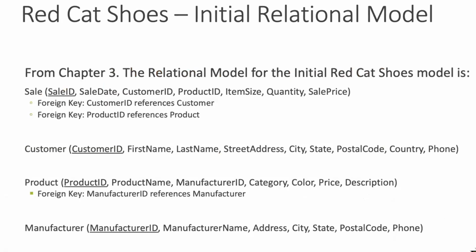So now let's go back to the RedCat database that we have in chapter 2. We are going to try to draw the class diagram for this specific example, okay? A specific data set that we have. So over there, we had some tables.